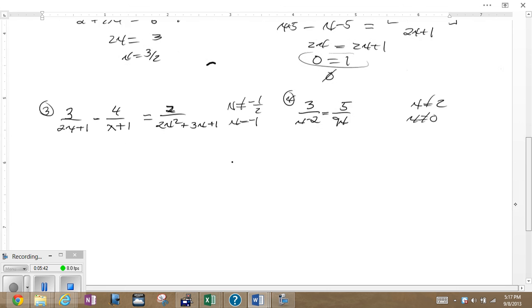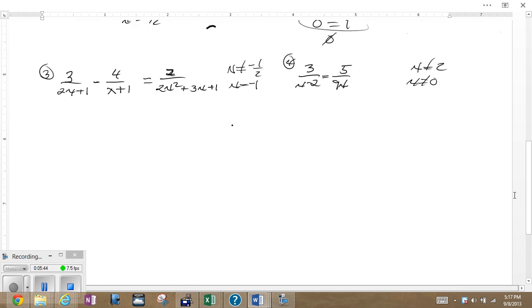Let's look at the next two. Again, we've already determined what x can't be. Now let's see what the factors of this denominator are. Very likely it's the 2x plus 1 and the x plus 1, the factors that already appeared there. We can check that. There's your 1x, there's your 2x, there's your 3x coming back.